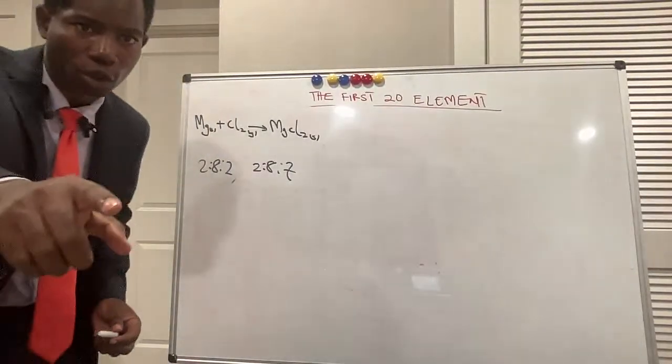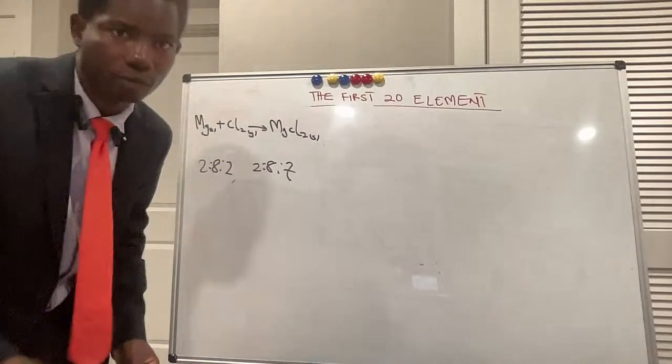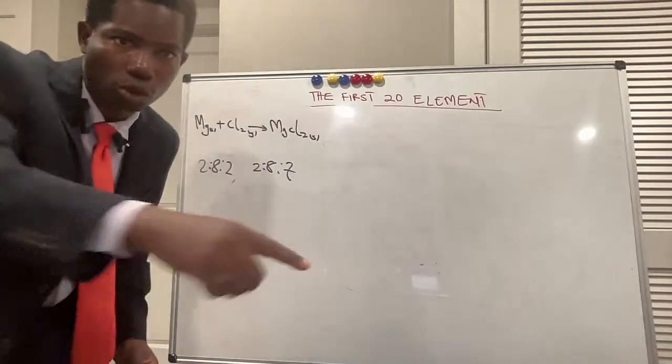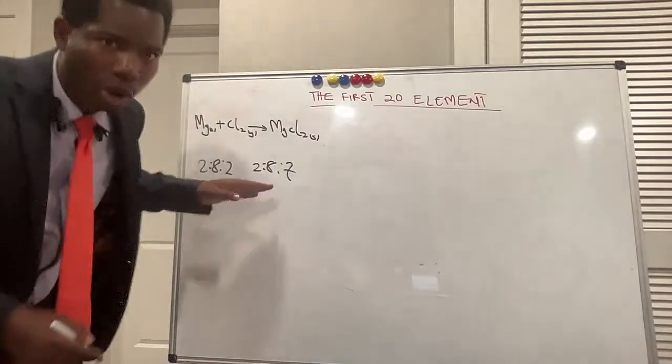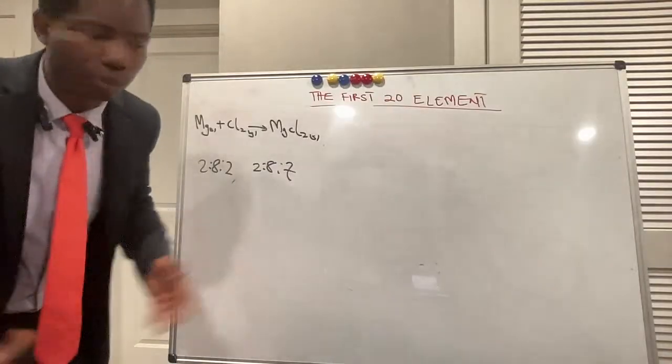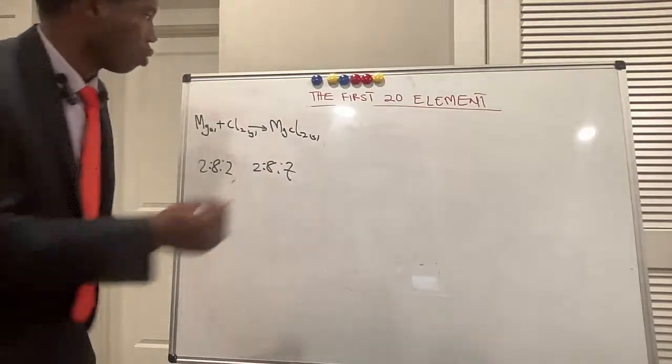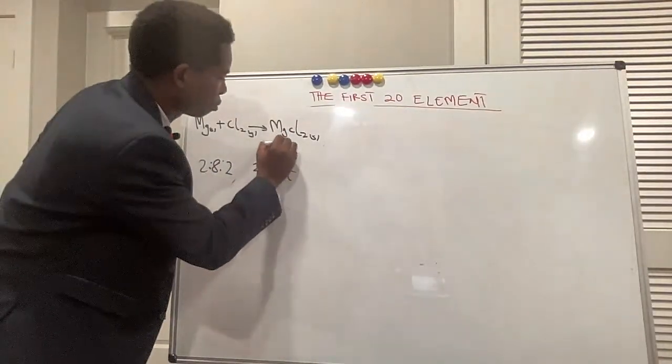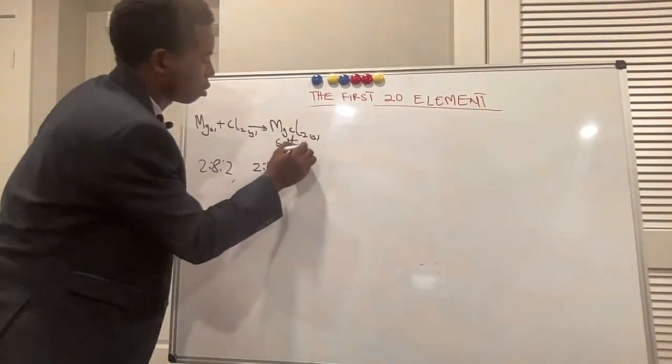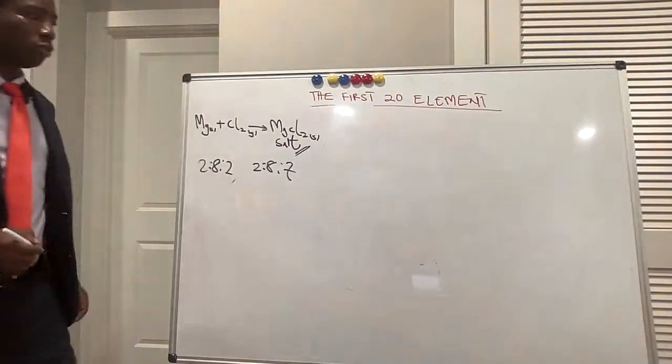That is the electronic configuration of chlorine, while the one of magnesium is 2.8.2. When magnesium reacts with chlorine, what happens? It's going to give us magnesium chloride. Of course, you know this is a salt.